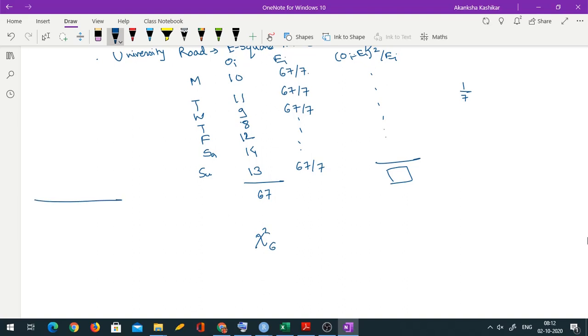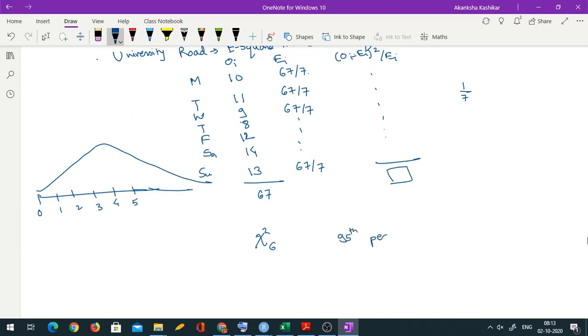Compare means what? The graph of chi-square may be something like this. Chi-square 6 means it will have its mode at 4. So if I have 0, 1, 2, 3, 4, 5 and so on, I'll have the mode at 4. So the distribution is something like this. And you compute the 95th percentile.